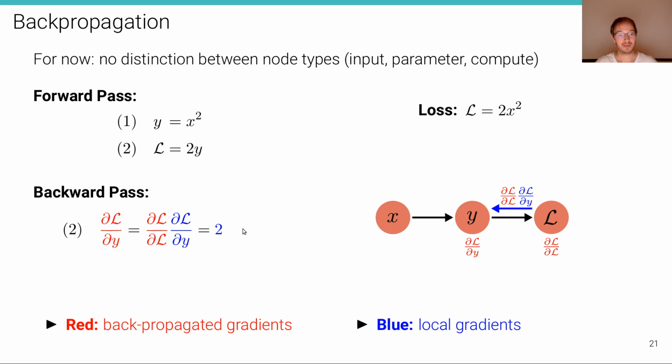So the backward pass starts at the output node L, and it computes gradients backwards. The first thing it does, it computes the gradient of L with respect to itself, which is obviously 1. So the partial derivative of L with respect to L is 1.